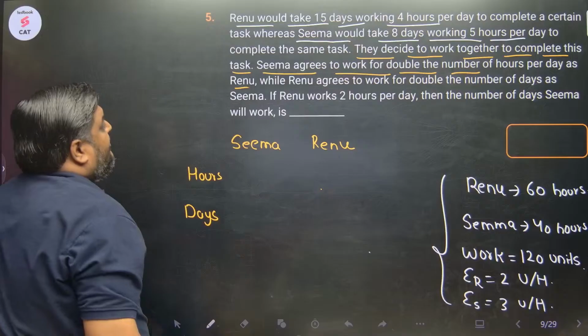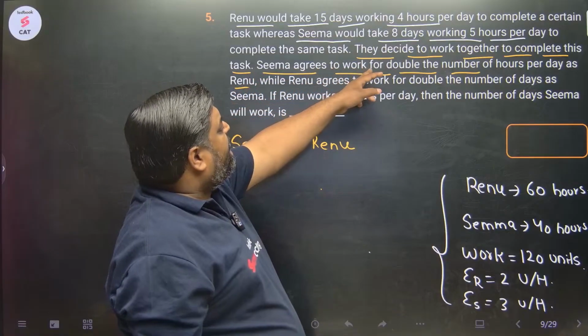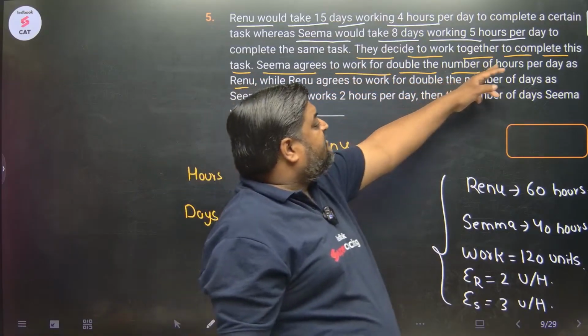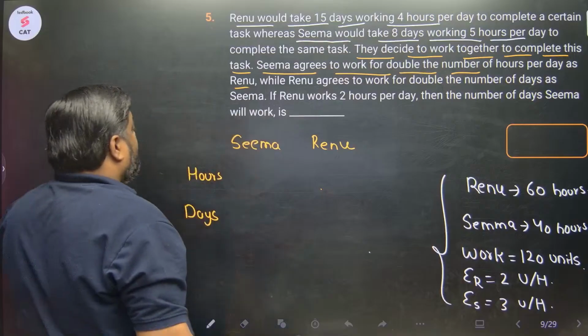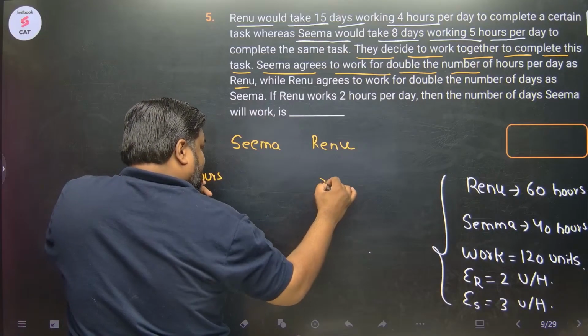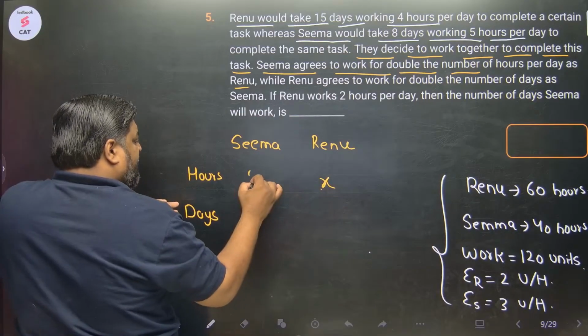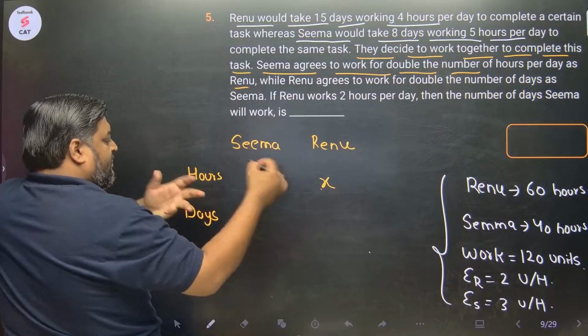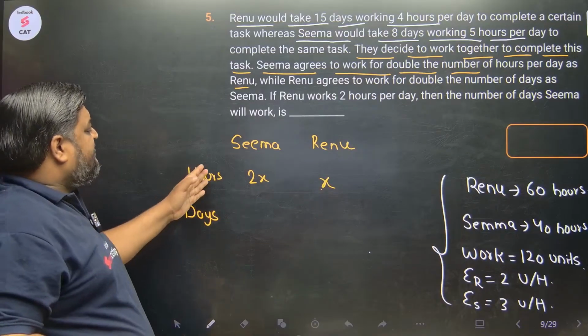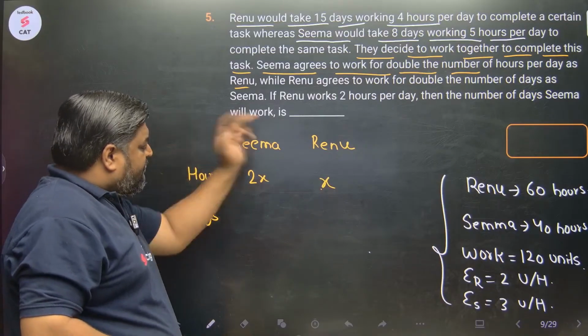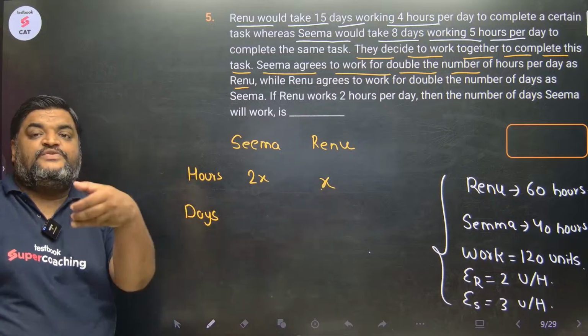ओके. सीमा agrees to work for double the number of hours per day as रेनू. सो अगर रेनू x hours काम कर रही है per day, तो सीमा will work for 2x hours per day. Seema says I will work for 2 times the number of hours Renu is working.